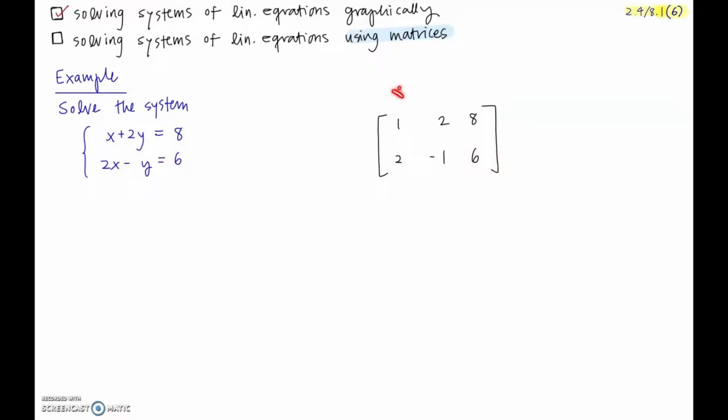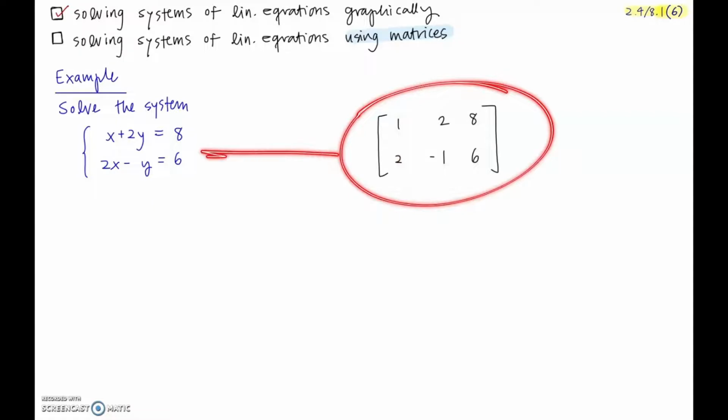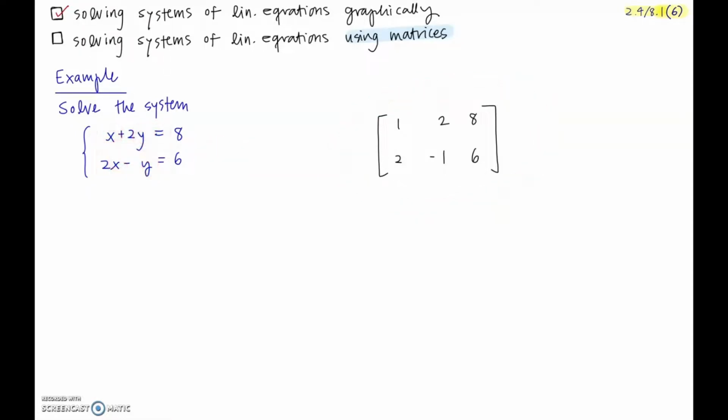So these are all the coefficients on x, these are all the coefficients on y in this column here, and in this third column are all the constant terms. Okay, so this rectangular box sort of gives all the information for this whole system. It's just like we've shed the equal signs and some of the variables, but we know what they represent because of where they are in the array.